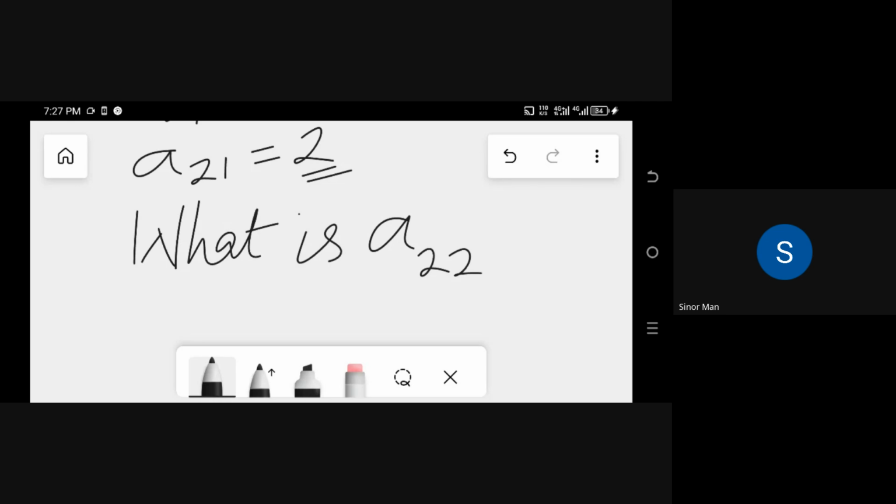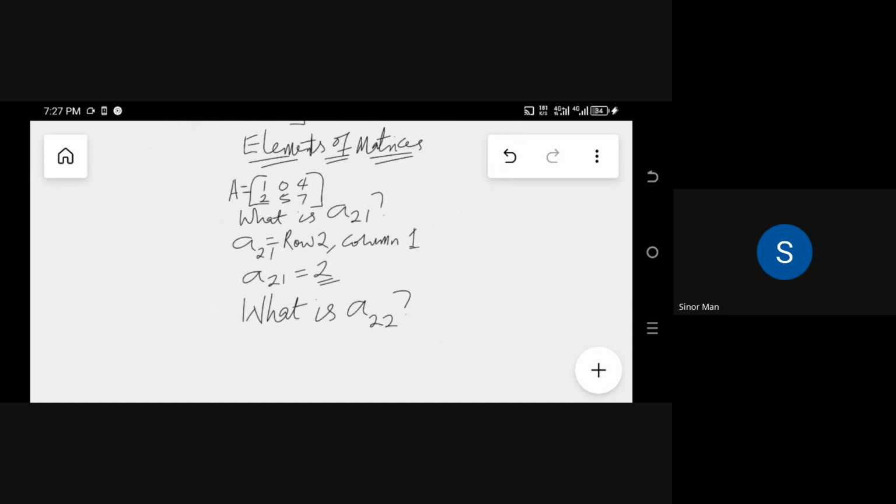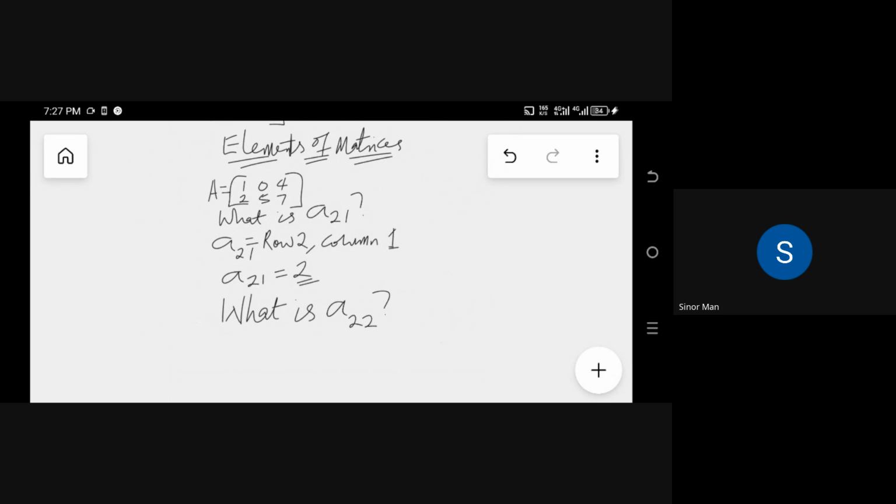So what you're being asked to look for here is the element in row 2, column 2. The element in row 2, column 2. So let's try to see.